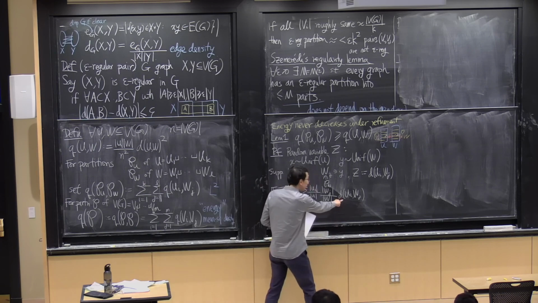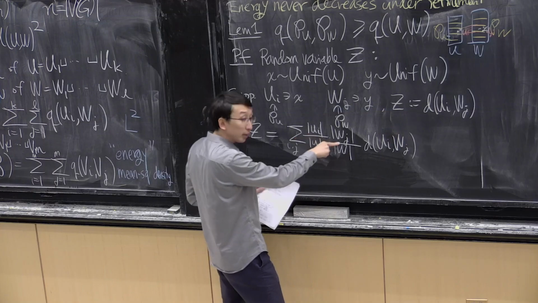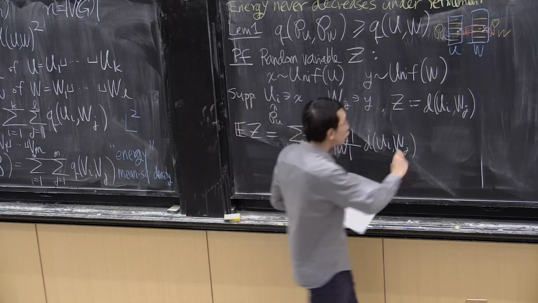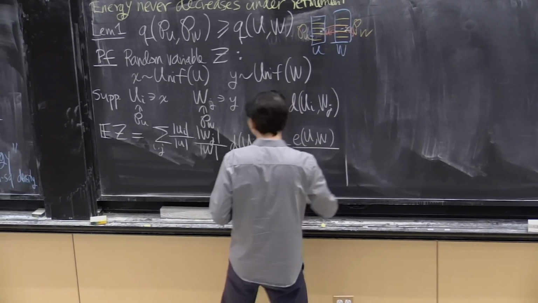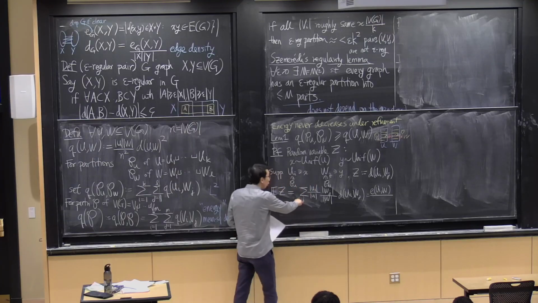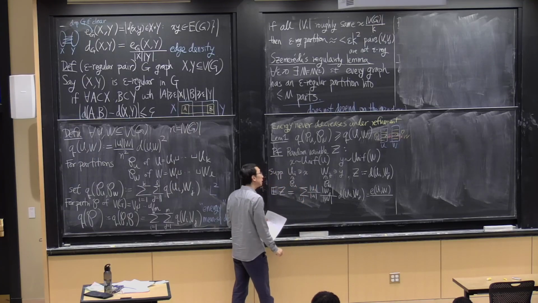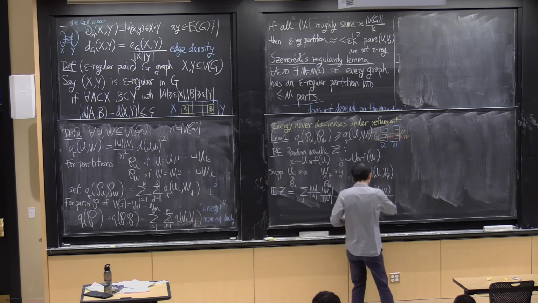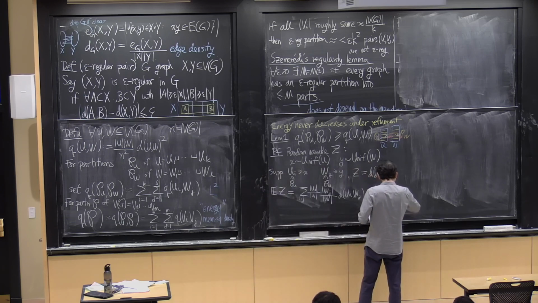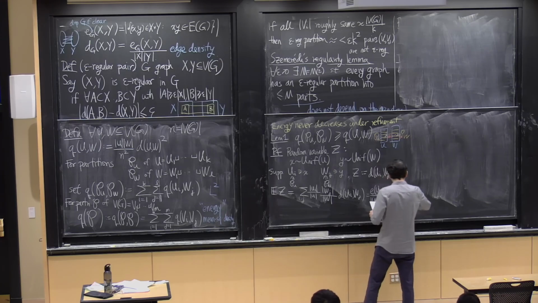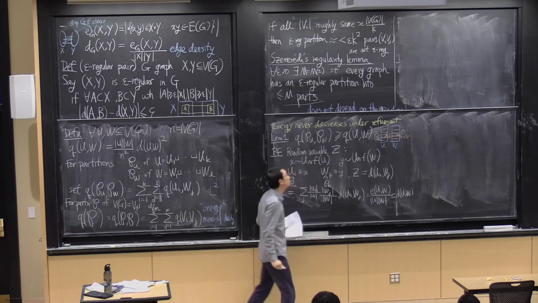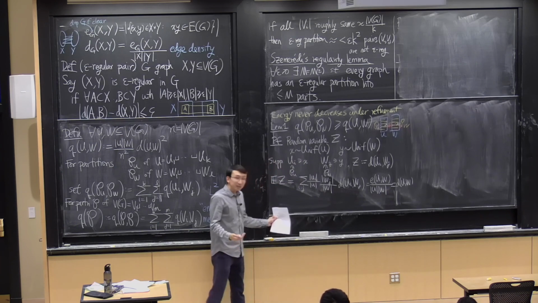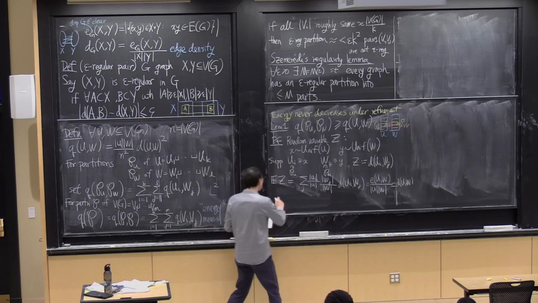But you see, the density multiplied by the product of the vertex set sizes, that's just the number of edges between Ui and Wj. And you sum over all the i, j's. So I have that, which is simply the edge density between U and W. So that's the expectation of the Z variable.